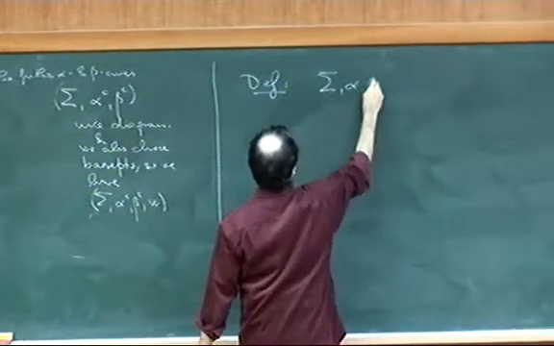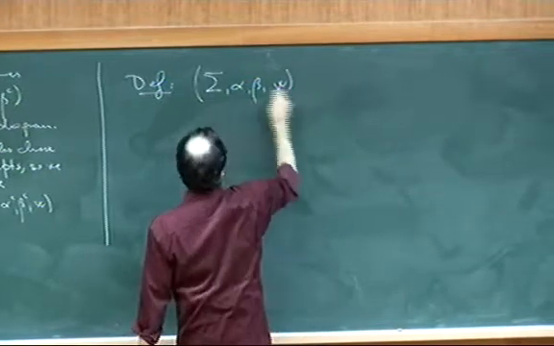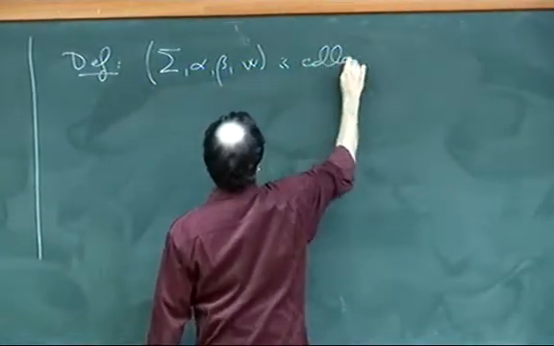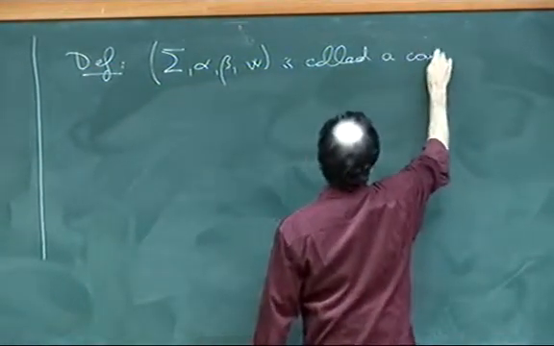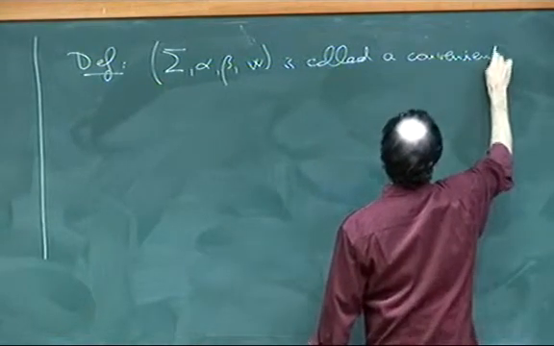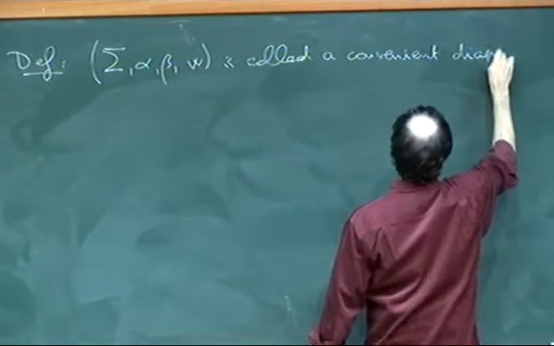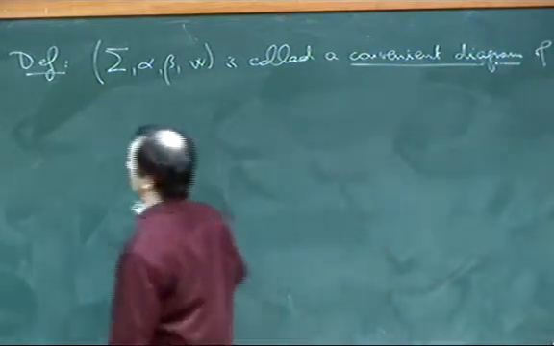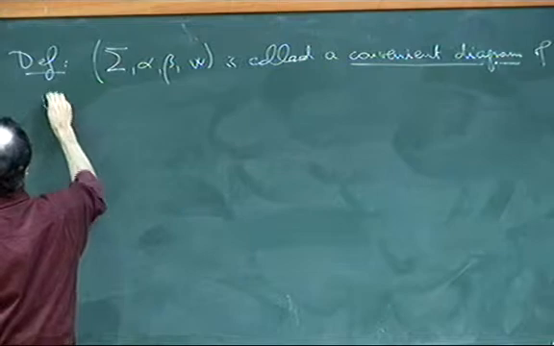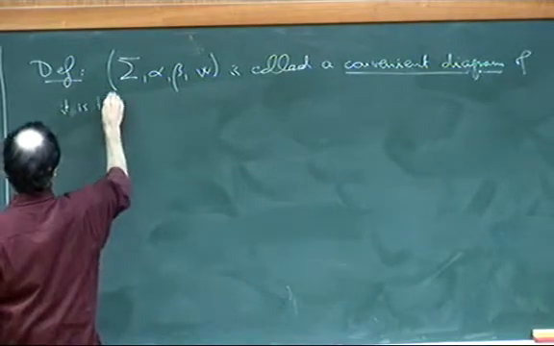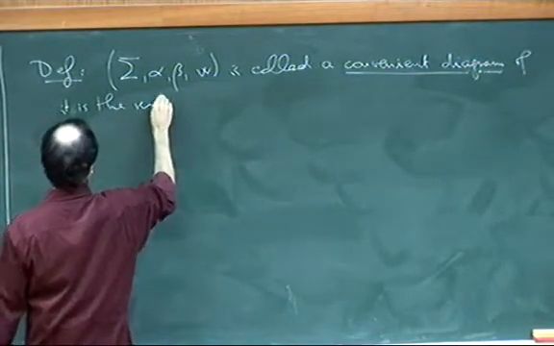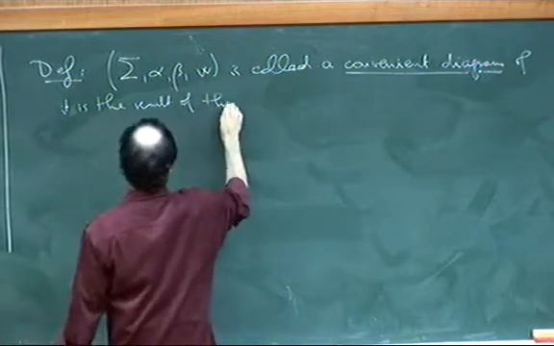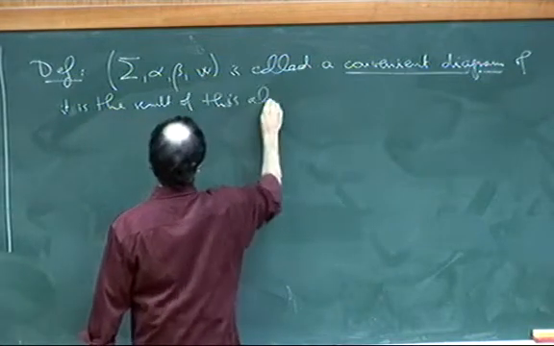Sigma, alpha, beta, W is called a convenient diagram if it is the result of this algorithm.